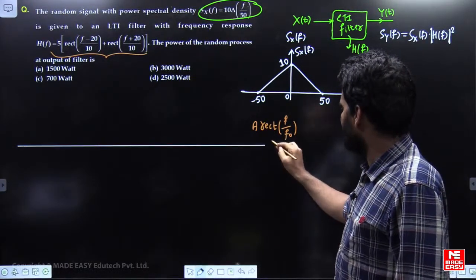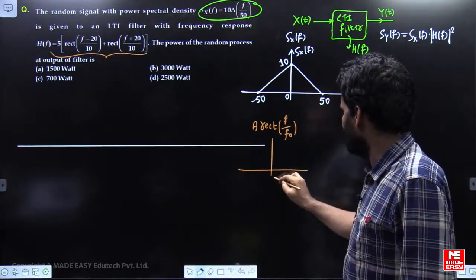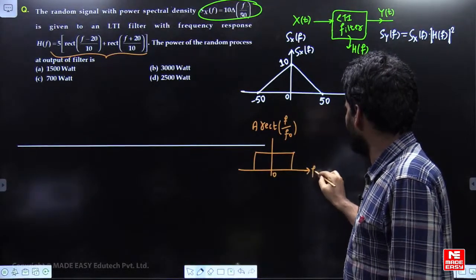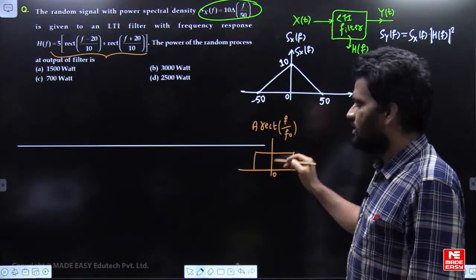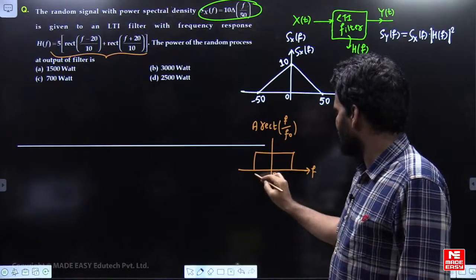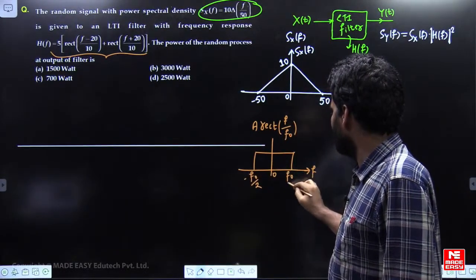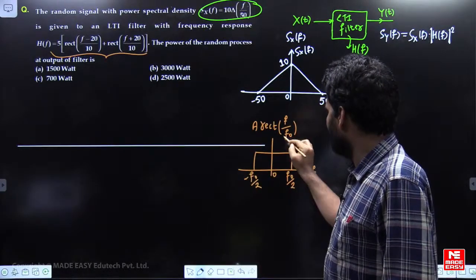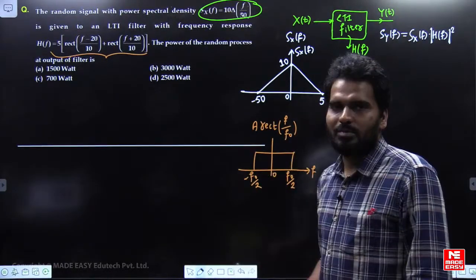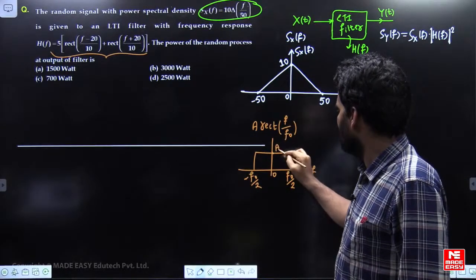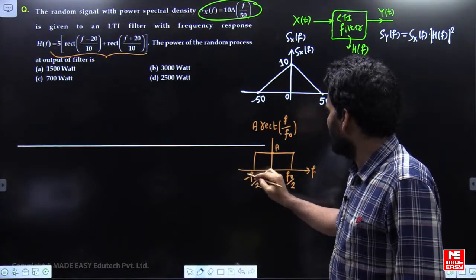To plot it, with respect to f, what you see in the denominator is f naught, so it is from minus f naught by 2 to f naught by 2. What you see in the denominator specifies the width of the pulse. The width of the pulse is f naught, and the height is going to be a.